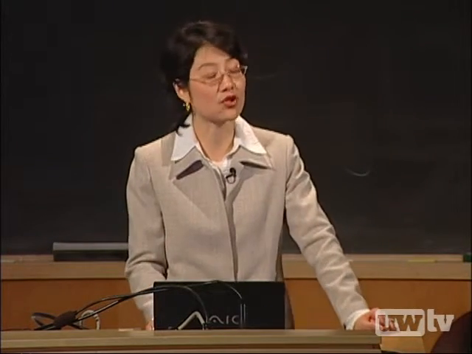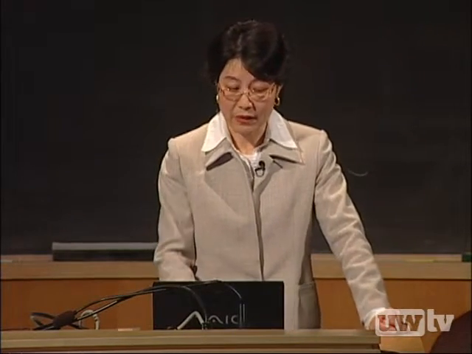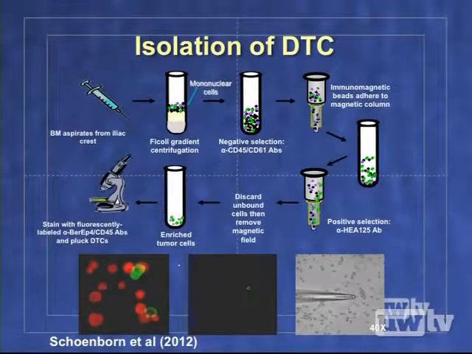The way we extract these DTCs is from the bone marrow. They first go through Ficoll gradient centrifugation to isolate mononuclear cells, and then a series of negative and positive selections to get rid of the blood cells, leukocytes, and finally we stain them with epithelial-specific markers, along with blood cell markers.